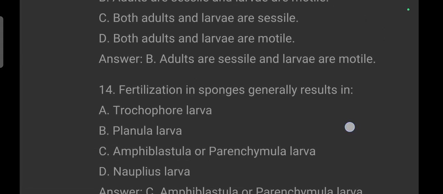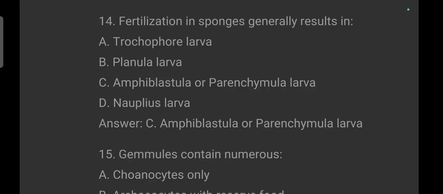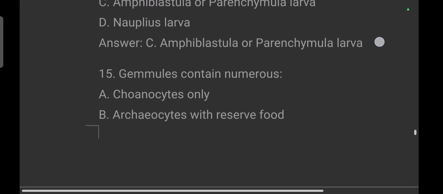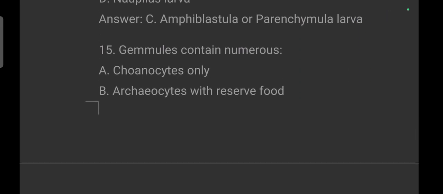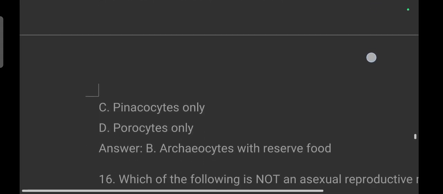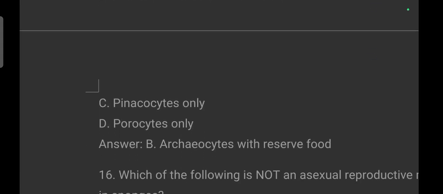Fertilization in sponges generally results in trochophore larva, planula larva, amphiblastula or parenchyma larva, nauplius larva. Answer is amphiblastula or parenchyma larva. Gemmule contains numerous choanocytes only, archaeocytes with reserve food, pinacocytes only, porocytes only.